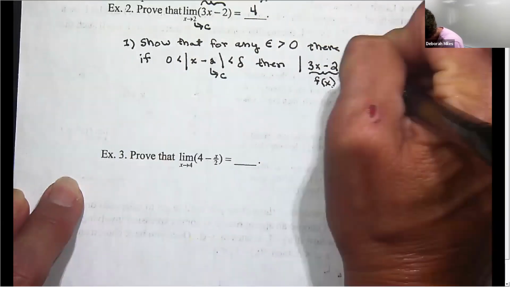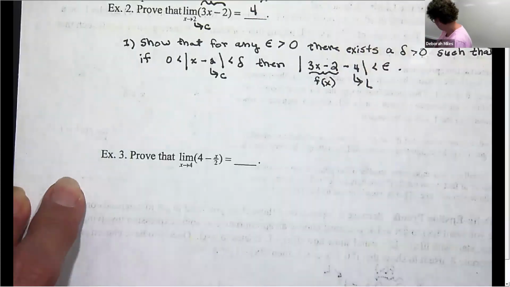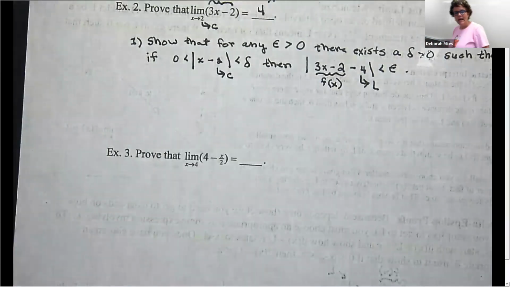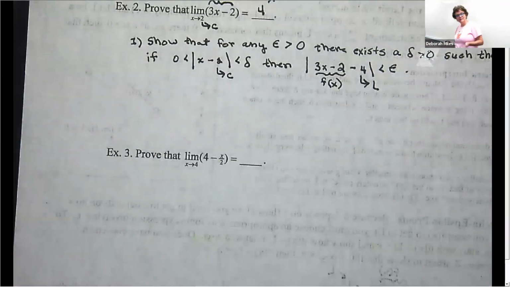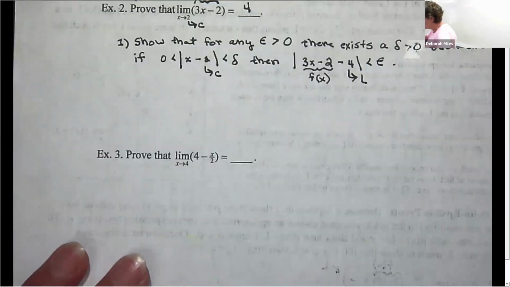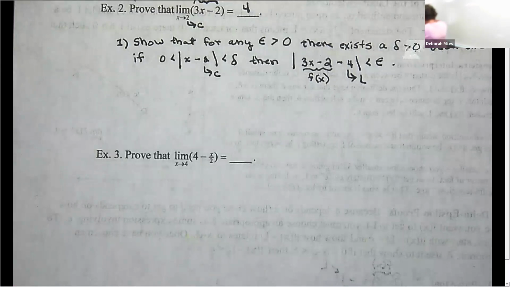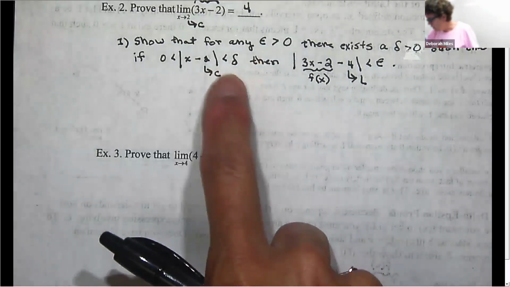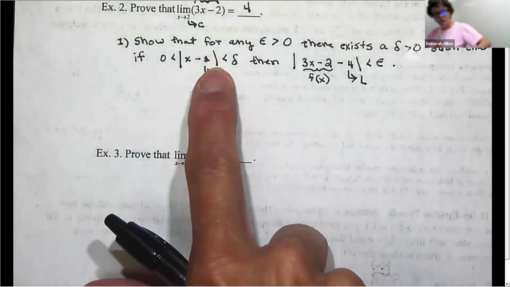Here's my c, here's my f of x, and here's my L. L is the bullseye that I'm trying to hit. Epsilon is some tiny distance that it's okay for my bullet to be from 4, and delta is how close my x has to be to 2.